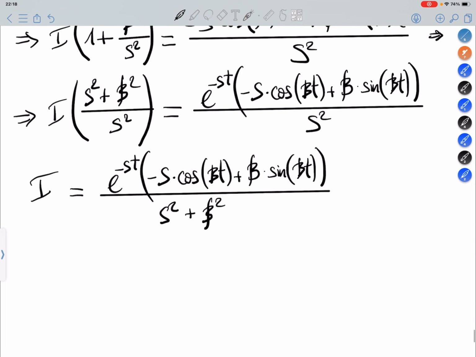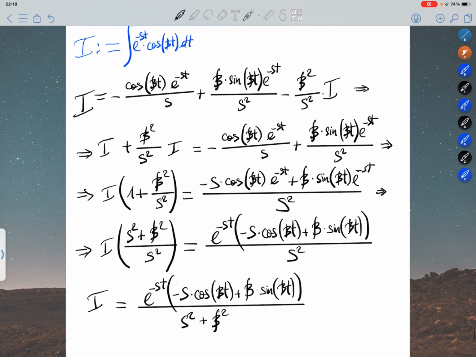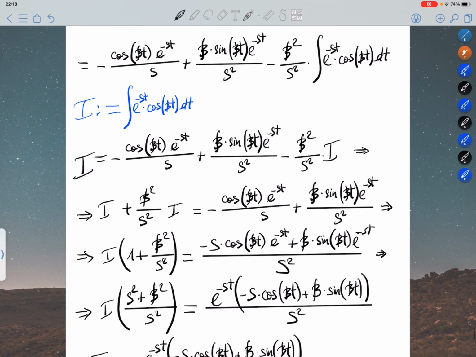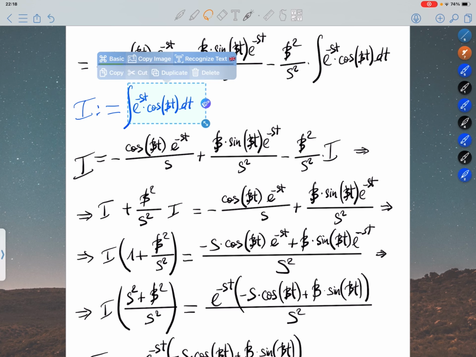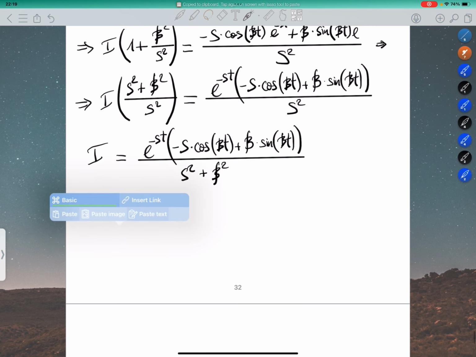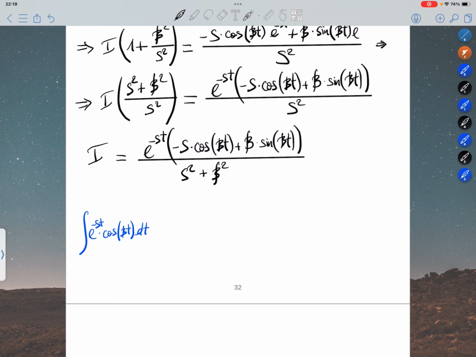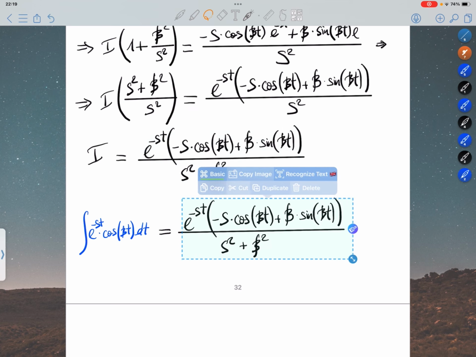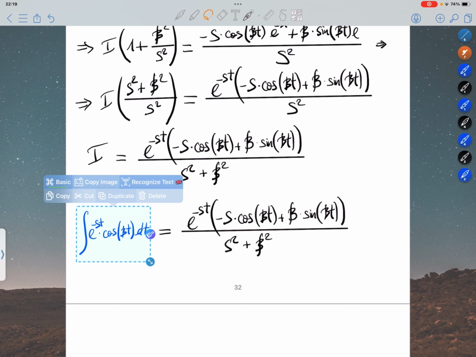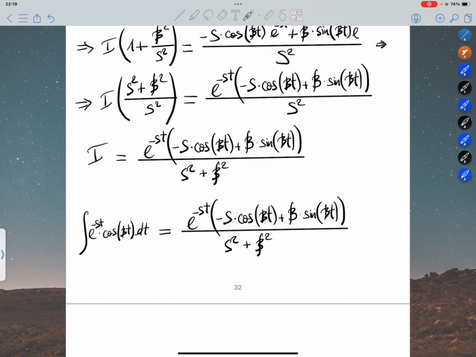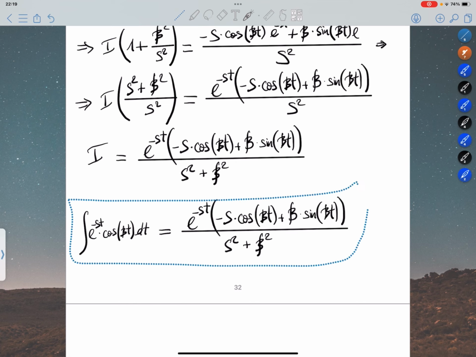So I, we said that it is the integration we want. So the integration we want is equal to what we got here.